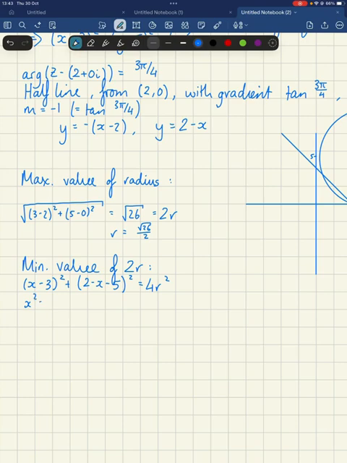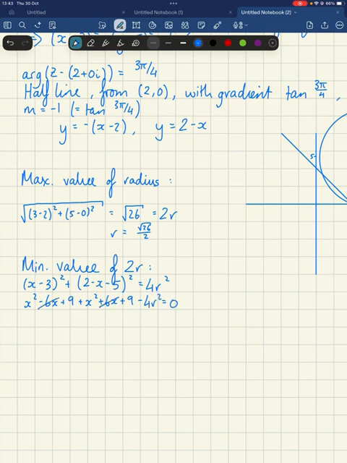So here we're going to get x squared minus 6x plus 9 plus, okay, this is minus x minus 3 squared, so we're going to get plus x squared plus 6x plus 9, and that's equal to 4r squared. Well, we'll minus 4r squared, make it equal to 0.